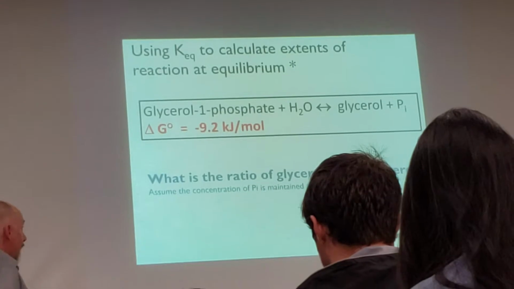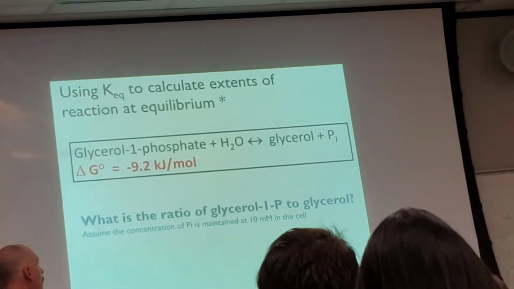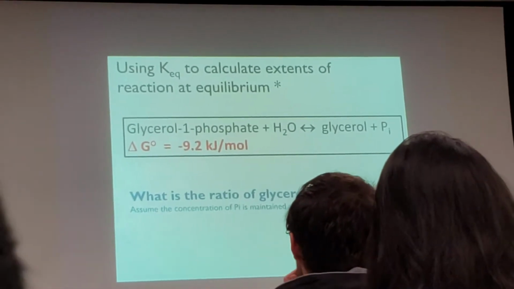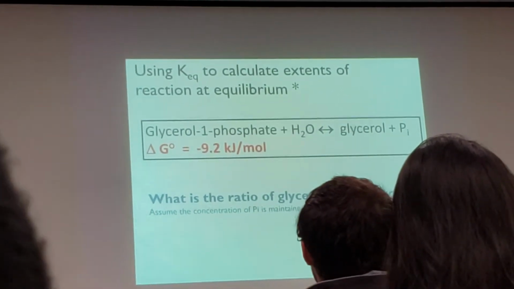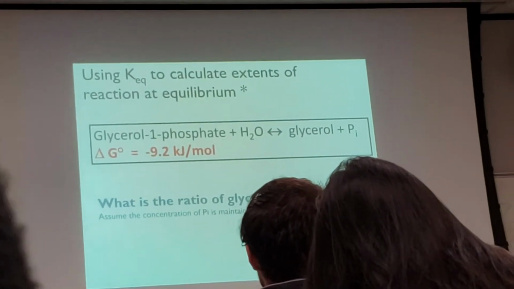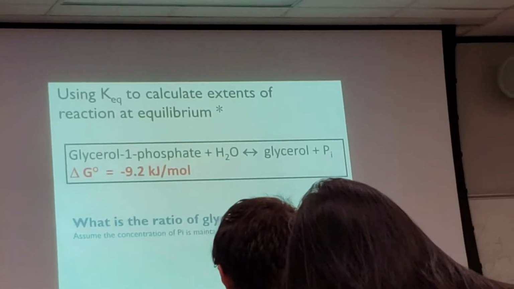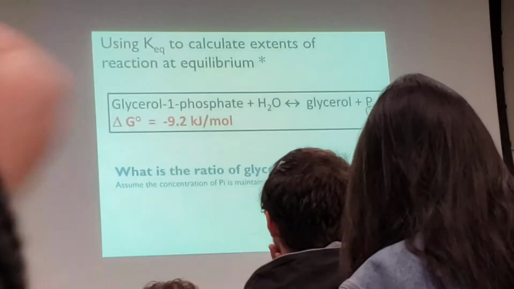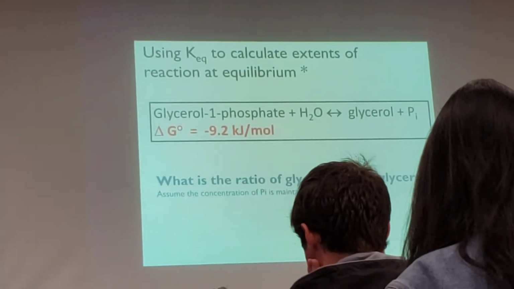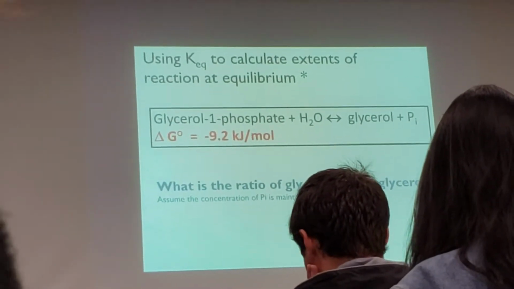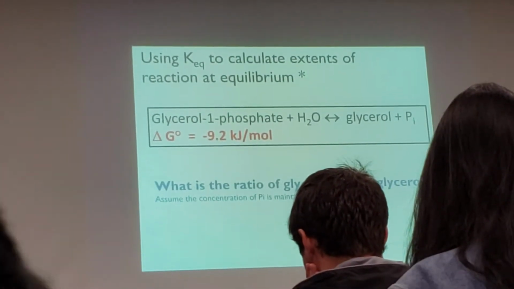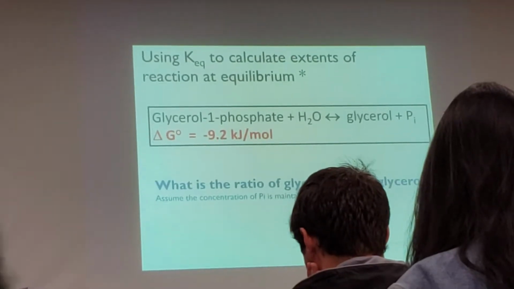I want you to figure out the ratio of glycerol 1-phosphate to glycerol, or the opposite. Again, the inorganic phosphate concentration hasn't changed, just around 10 millimolar in the cell. Set up K without knowing anything, and then once you have that, integrate in the phosphate concentration, and you should be able to get the ratio out of that.